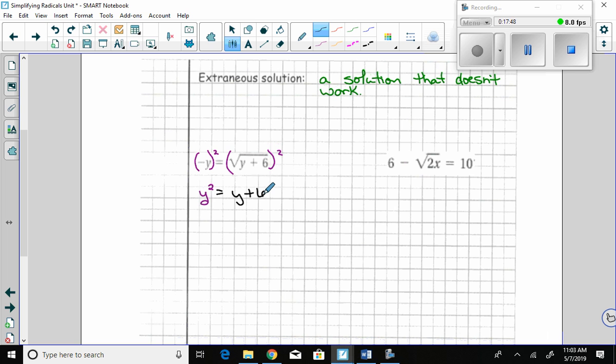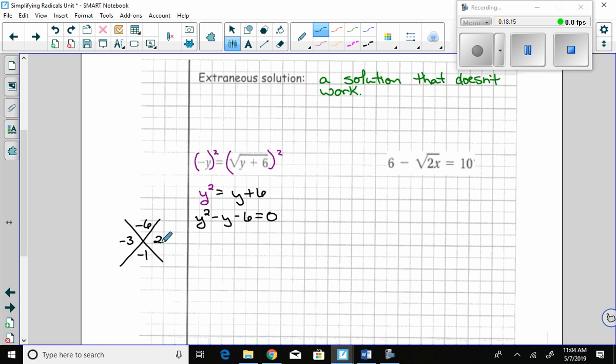I've seen problems similar to this before. So I'm going to put everything on one side: y squared minus y minus 6 equals 0, because I can factor this. Oh, there they are again, factors. What makes negative 6? Negative 3 times 2.